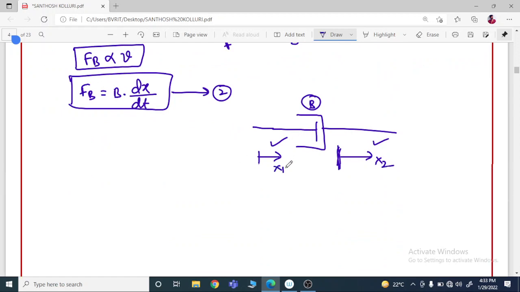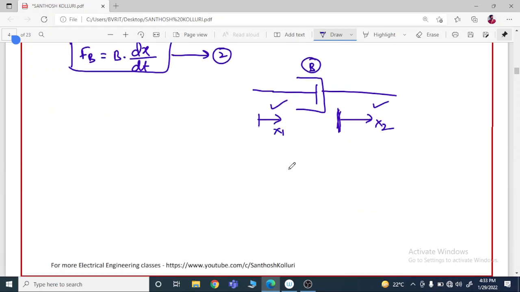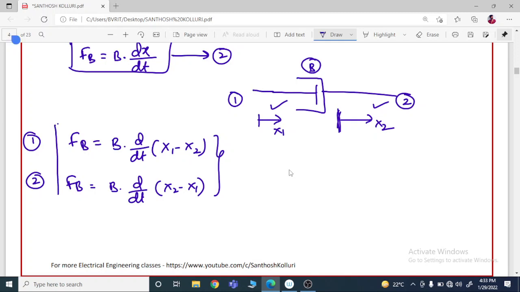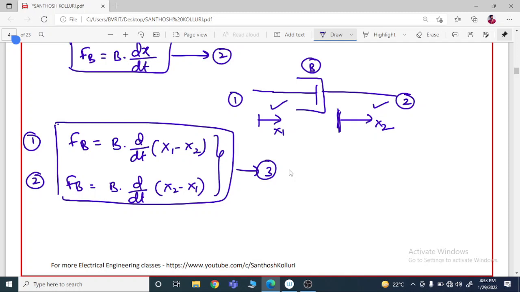Whereas when we have two displacements on either side of the dashpot, with node 1 and node 2, with respect to node 1, F of b is equal to b into d by dt of (x1 minus x2). With respect to node 2, F of b is equal to b into d by dt of (x2 minus x1). These two equations are very important to remember when solving problems.